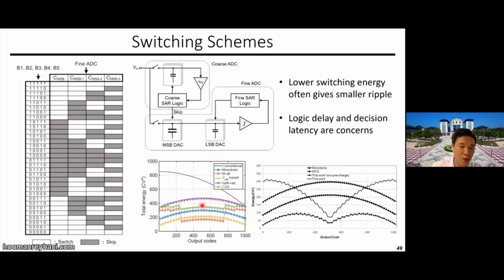Well, you can see that if you go to what we call different types of switching methods, like MCS or here the windowing type of method, then you can even have a switching energy smaller than VCM-based. So these two lines are referred to here. You can see that with this skipping type of switching, you will save a lot of energy and then you will reduce the ripple from the reference voltage.